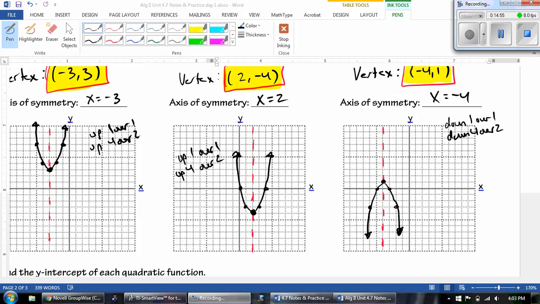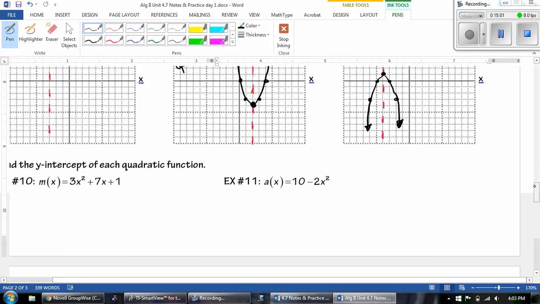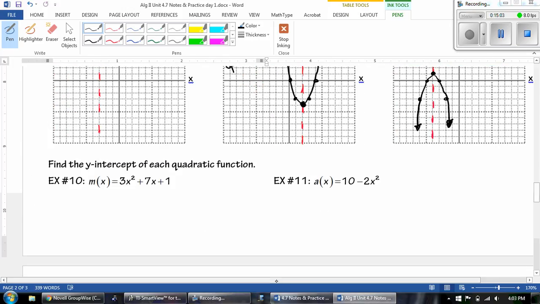Now, the last part, it's asking us to identify the y-intercepts. So find the y-intercept of each quadratic function. And remember, when we're doing that, we need to make sure that x equals 0. So when we plug this in, we're plugging in x equals 0.